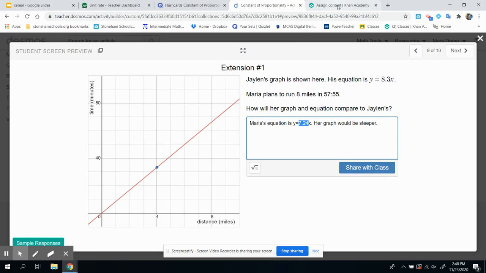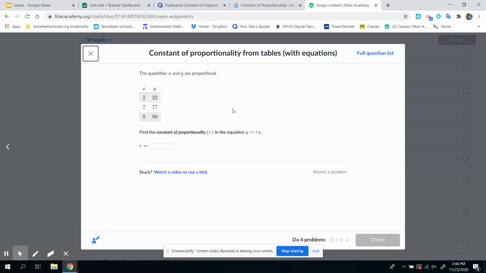All right. So you're going to be asked a question like this one today for the Khan Academy assignment. So the quantities x and y are proportional is what they're saying here, right? And proportional was also a vocab word on the Quizlet. So here we see the table, right? And it says find the constant proportionality r in the equation y equals rx, right?